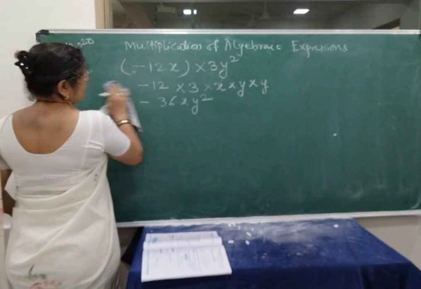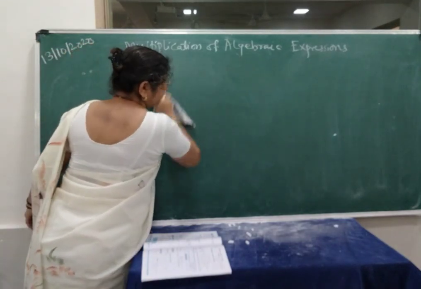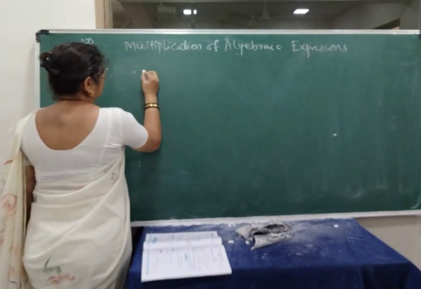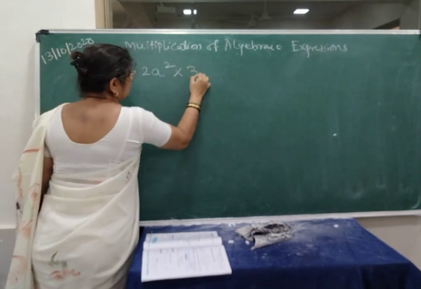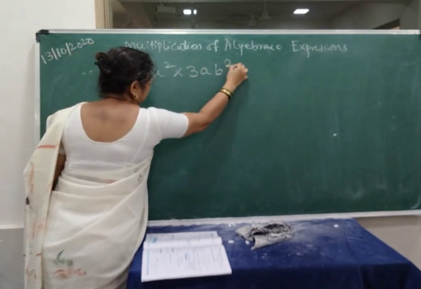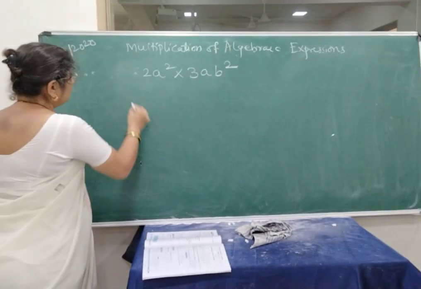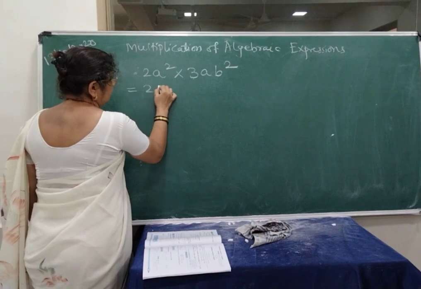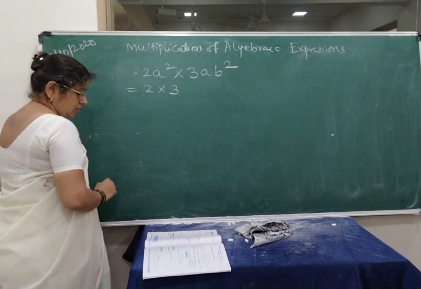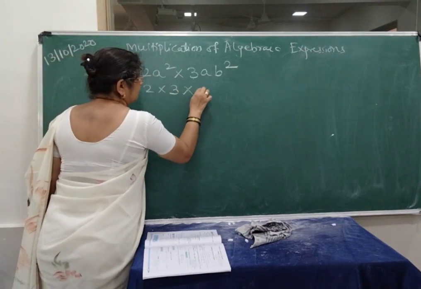Then one more example we will see here. 2a square into 3ab square. In this I will again take the coefficients, 2 into 3. Then a square.